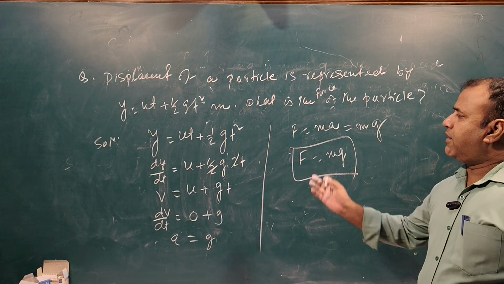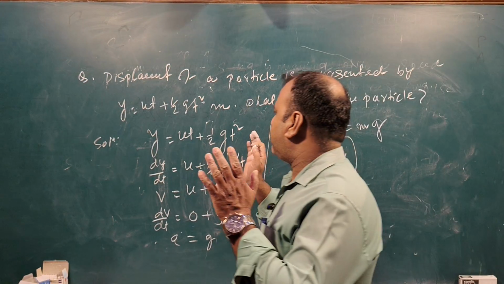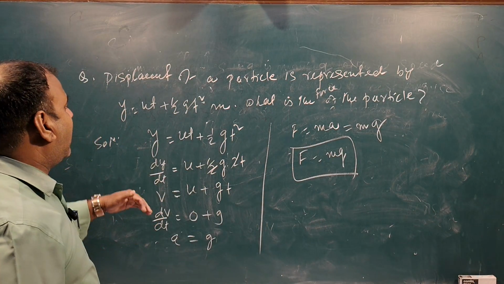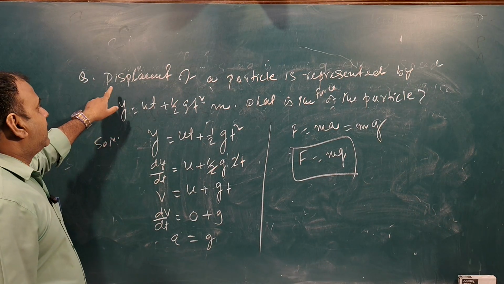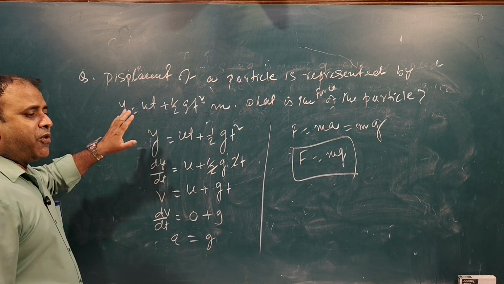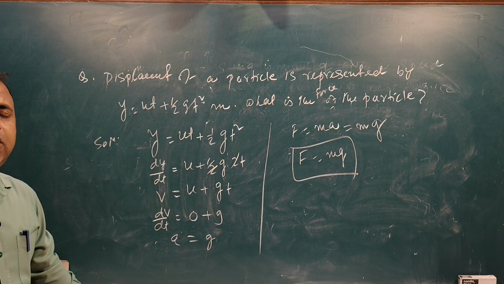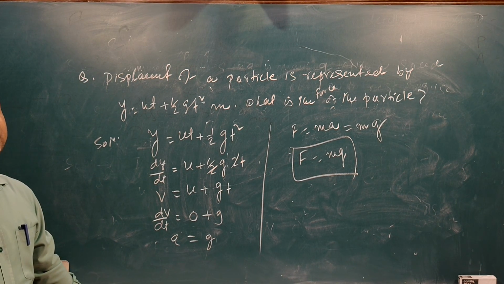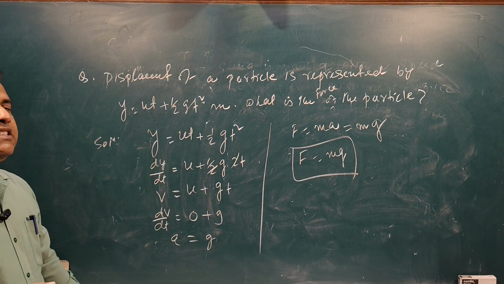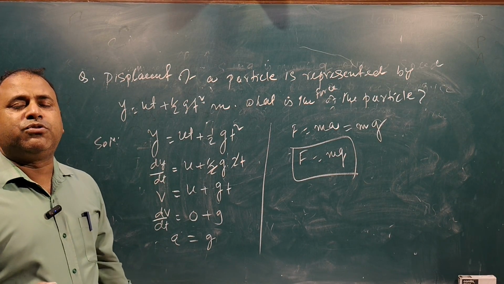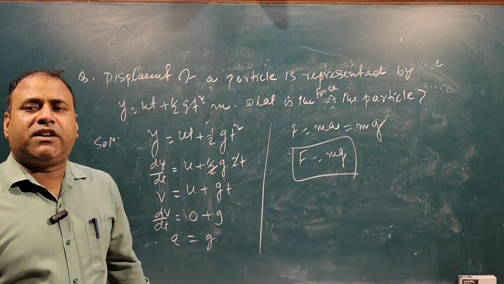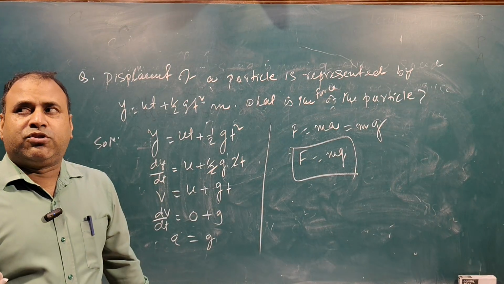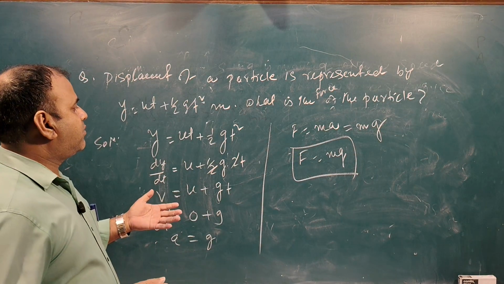Dear students, you have to memorize it, remember it, and practice how we can find the force. First you have to determine it: here displacement is given. From the given displacement, how can we calculate the value of force? Normally the formula is force F = ma. Here m means mass of the particle and a means acceleration of the particle.